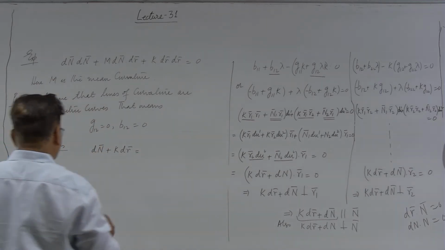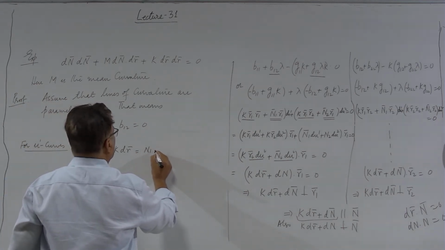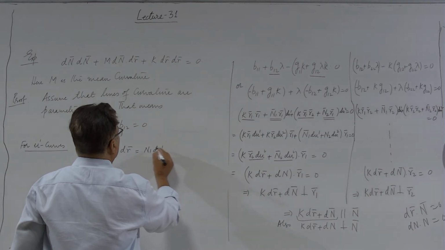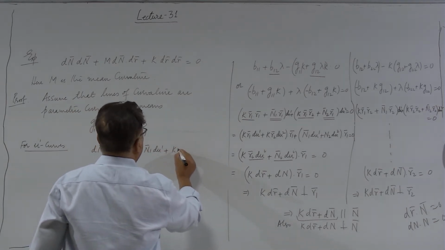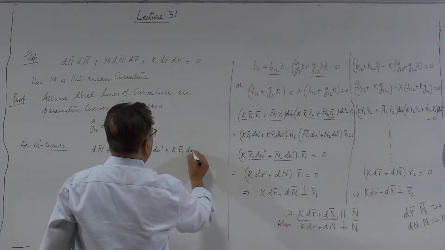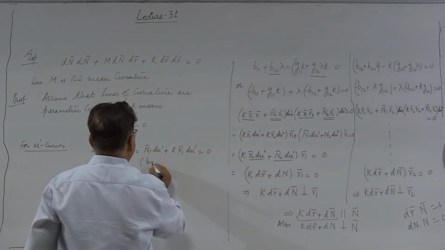Yes, it will become n 1 du 1, du 2 will be 0, plus k times r 1 du 1 equal to 0 by Rodrigue formula.